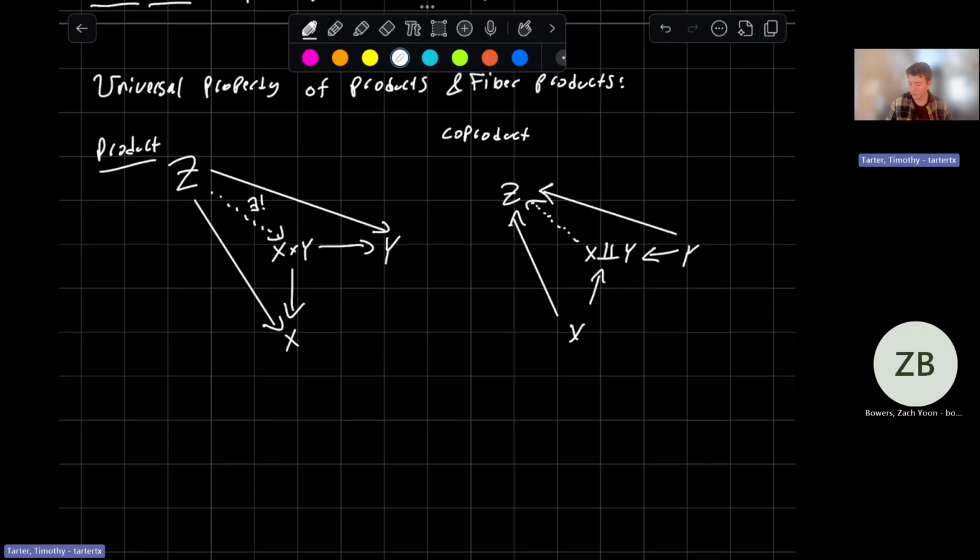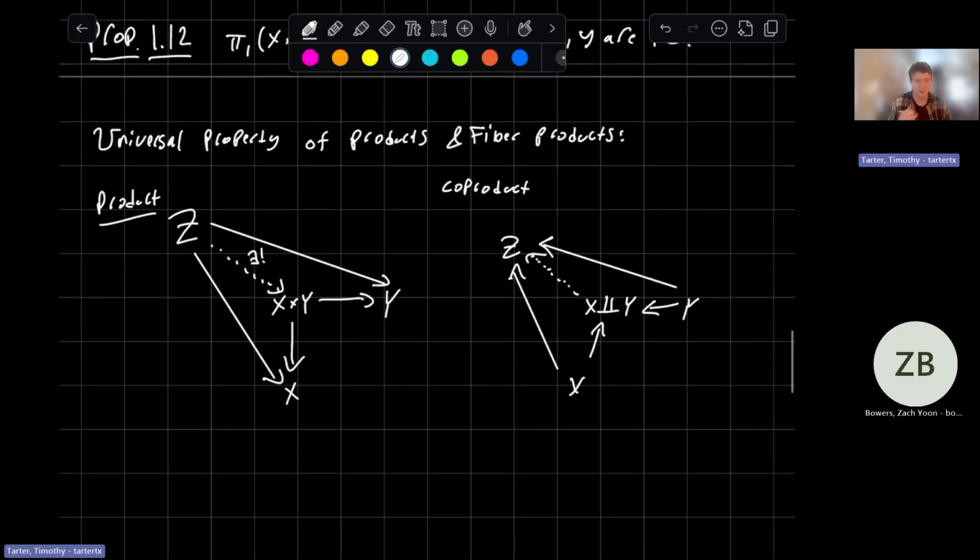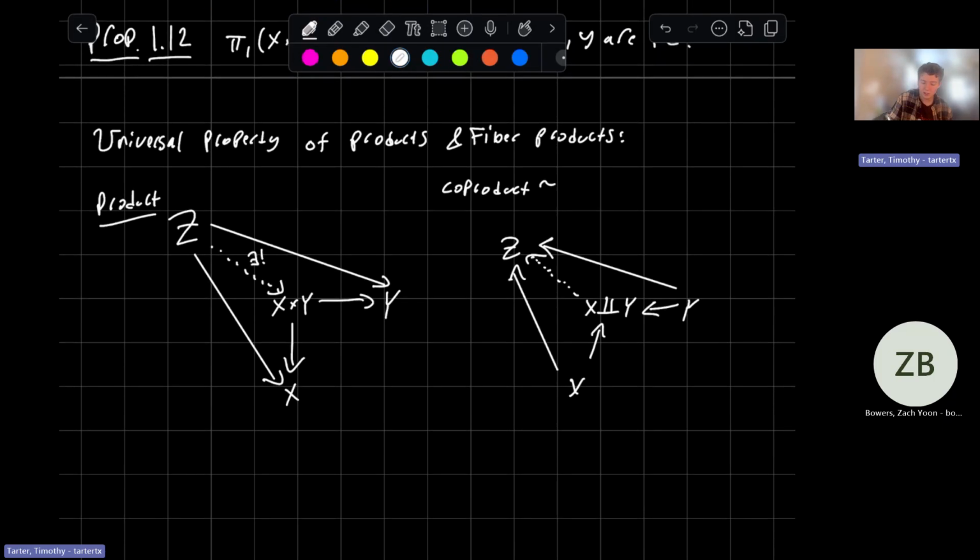In the category of topologies, the coproduct is the same thing as disjoint union, and they share notation, so whatever.